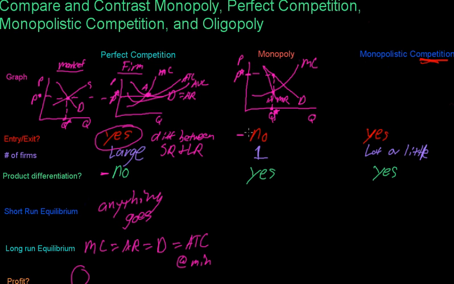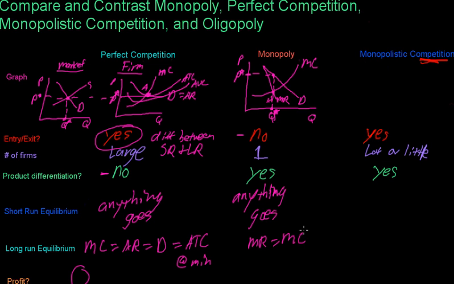So in the short run, again, for a monopoly, the monopoly can actually earn a loss in the short run. As long as it's earning enough to cover its variable costs, it will stay in business. So in the short run, again, anything goes. Because what matters to the firm is what's going to happen in the long run. And in the long run, the firm produces where marginal revenue is equal to marginal cost.